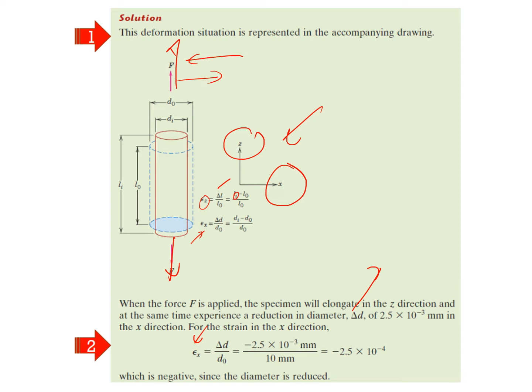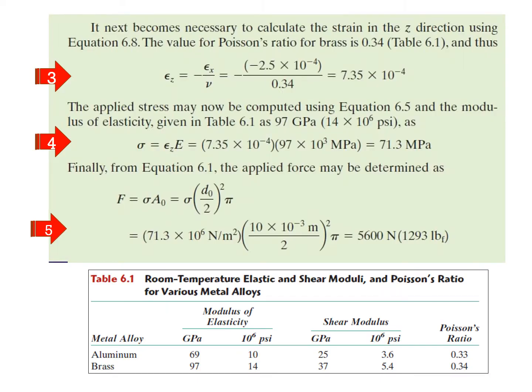This is not the Poisson ratio, which is always positive; this is the strain. The negative indicates that the diameter is reduced, and without the negative, the diameter would be increasing. Then we move to step 3, where it becomes necessary to calculate the strain in the z direction using equation 6.8.